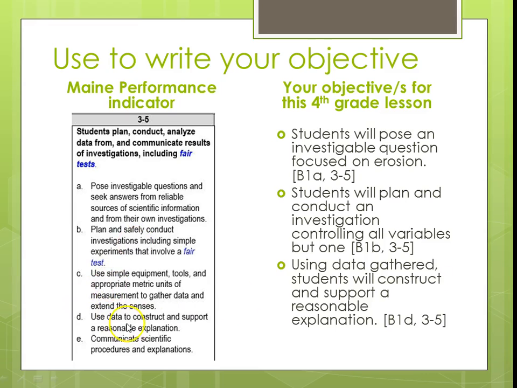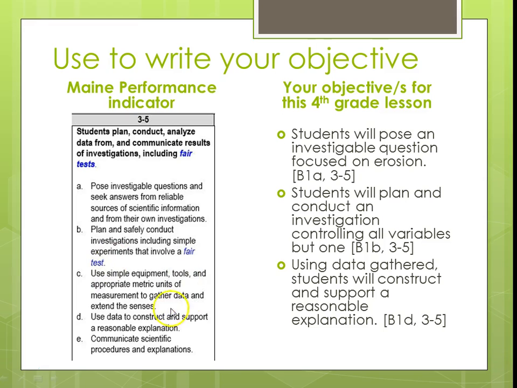And also, they are using data. Using data gathered, students will construct and support a reasonable explanation, and I note that. Now, I didn't pick use simple equipment, tools, and appropriate metric units because they weren't a big central part of this lesson. They're using a cookie sheet and different soil.